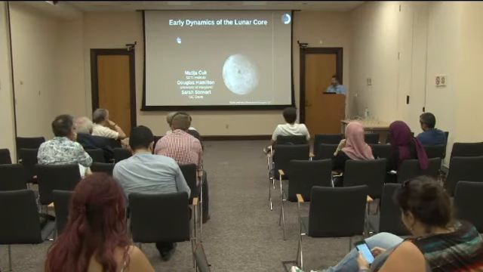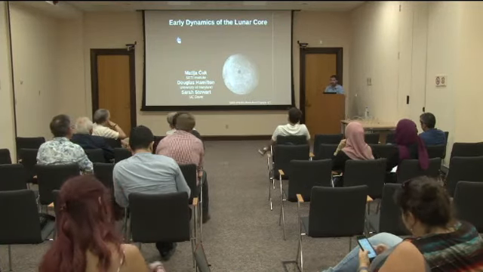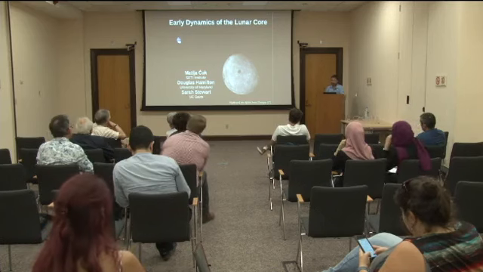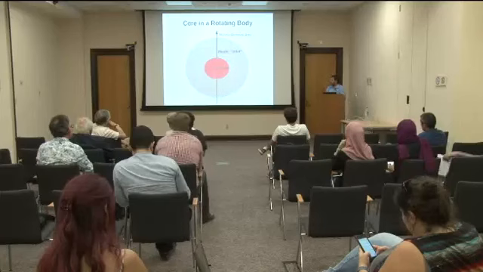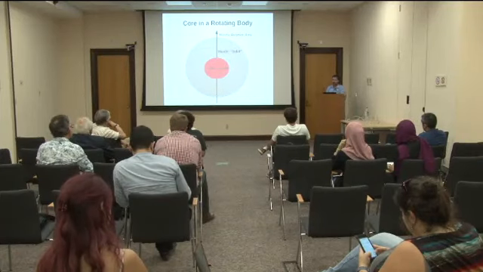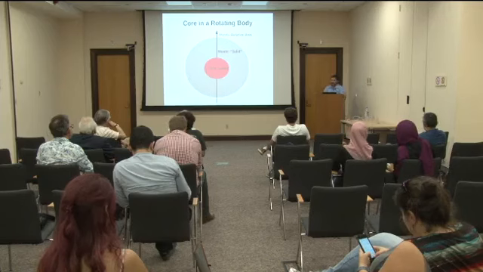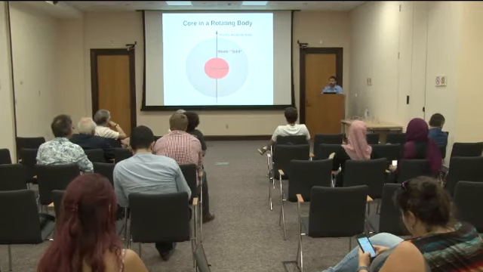Okay, so this is my latest paper where we do all this and then we throw in the lunar core. It's excellent that Ian gave his talk already, so I can talk about dynamics of a body with a core. The idea is that you have an outer layer which is solid on short time scales.